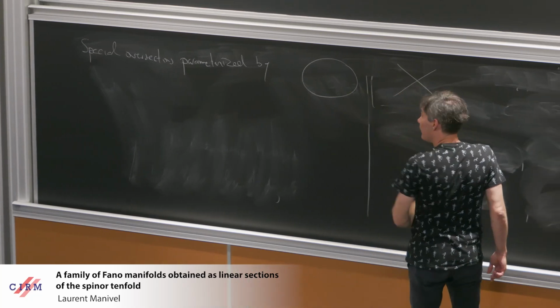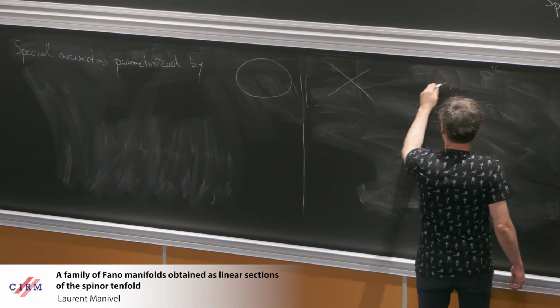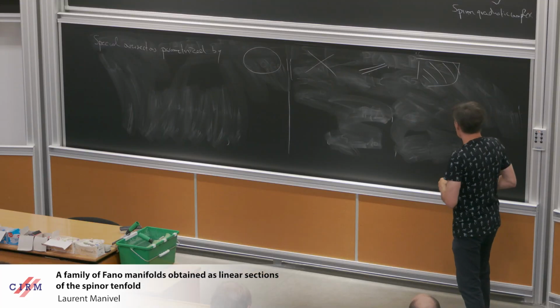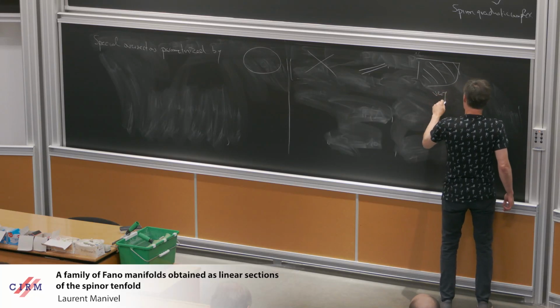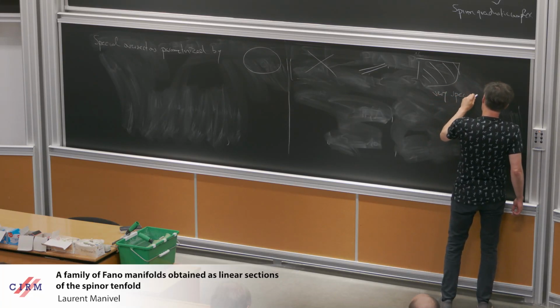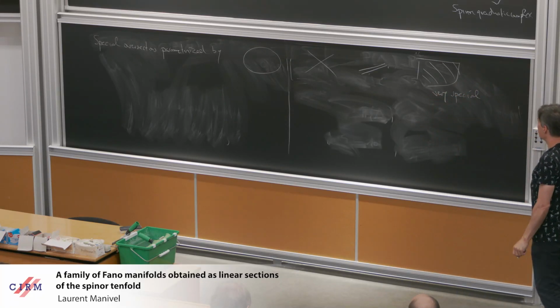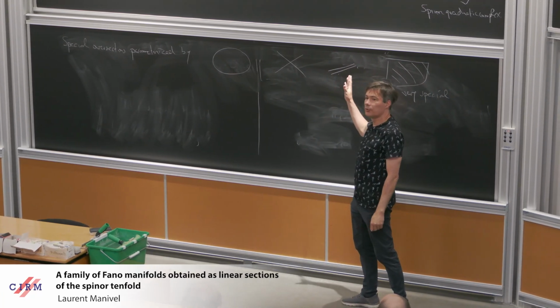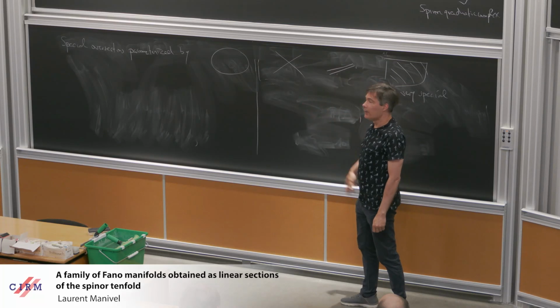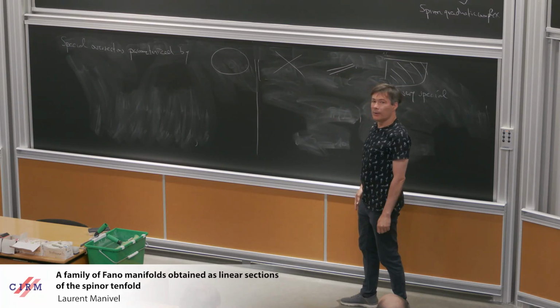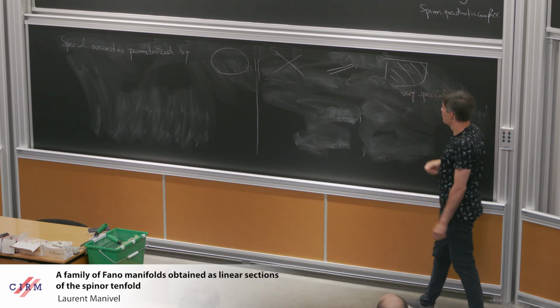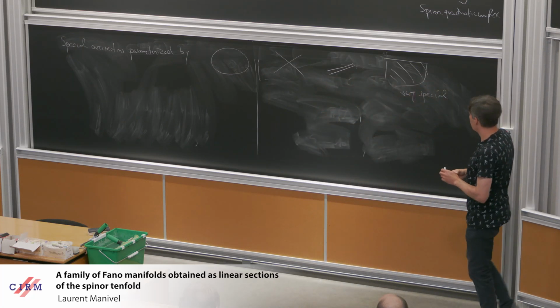Then you can have a singular reduced conic and a double line. And the last possibility is that all oversections are special. These are called very special codimension 3 sections. The fact is that you have only these 4 possibilities up to the action of the spin group, up to projectivity. You have exactly 4 cases: the generic one, 2 intermediate situations, and then the very special ones, which are characterized in different ways.